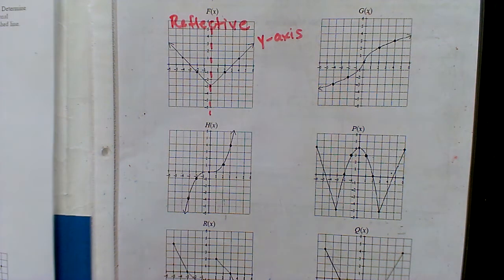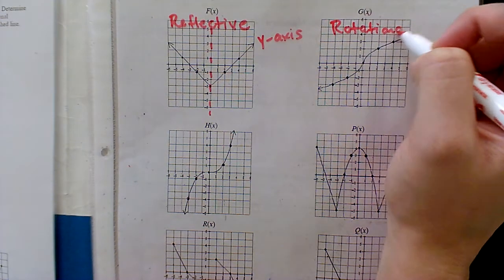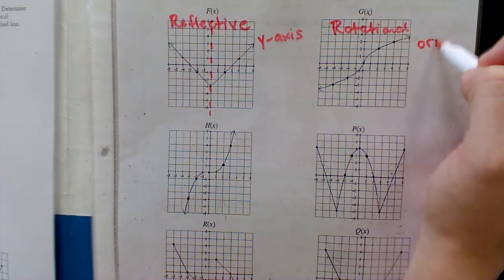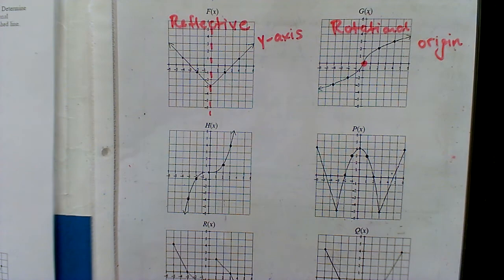What about g of x? Can you rotate that graph or can you fold that graph? Yeah. Rotate it. So this would be rotational. Sometimes we call this origin symmetry because we're keeping that origin point still.